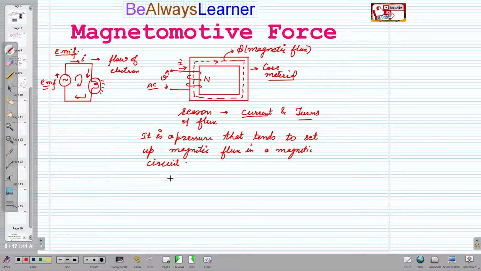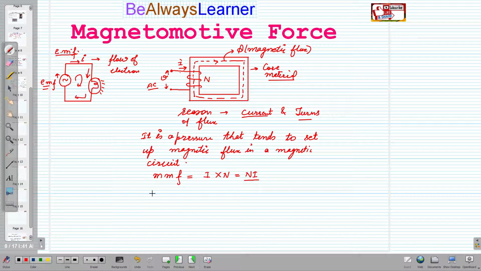So mathematically, we can define that MMF is the product of current and the number of turns N. So it means it is represented by NI, right?